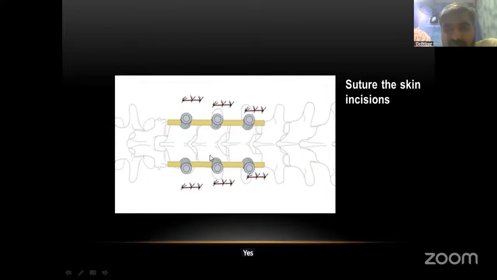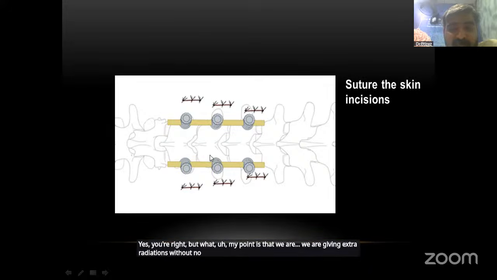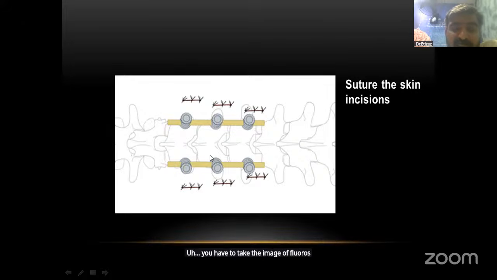Yes, you are right. But my point is that we are giving extra radiation without need, because I told you there are only 3 points where you have to take the fluoroscopy image, the C-arm or O-arm, whatever you have.